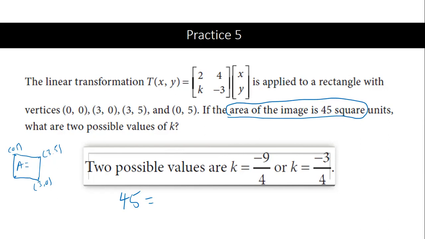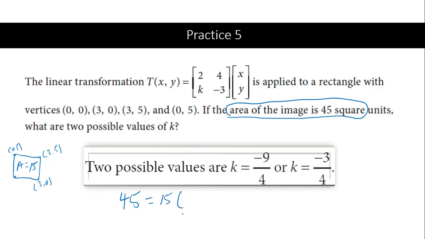Three by 5, 15. I've used the points that they gave me and I created the rectangle. The area of a rectangle is length times width. So we know that 45 equals 15 times our determinant.